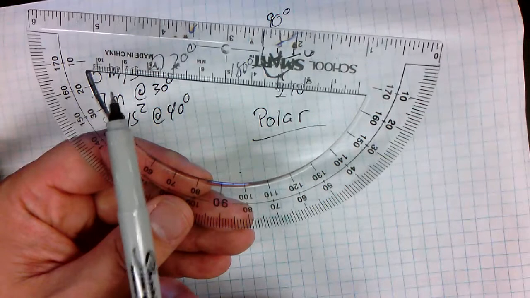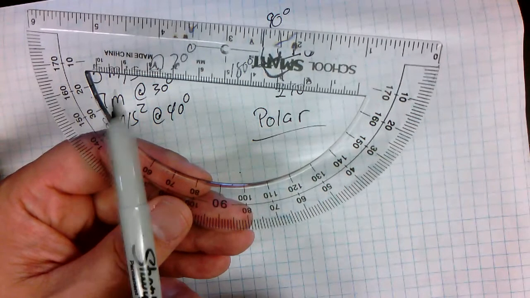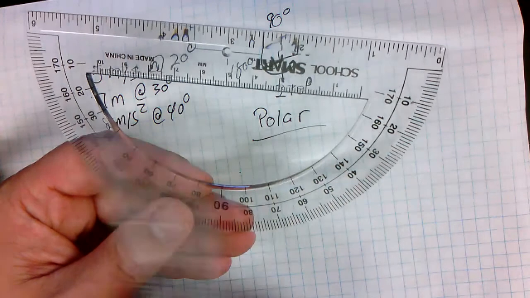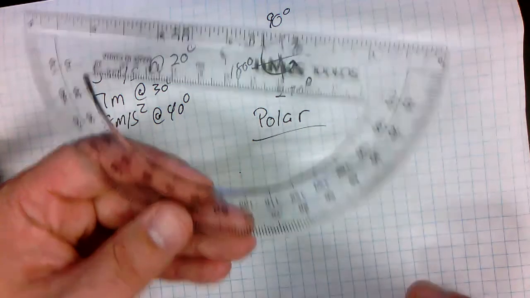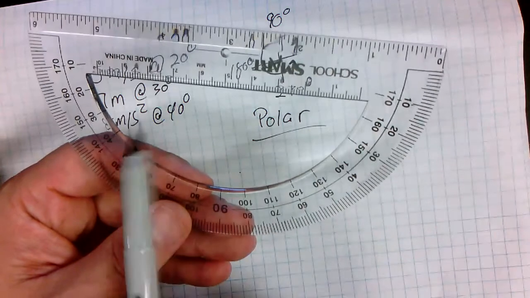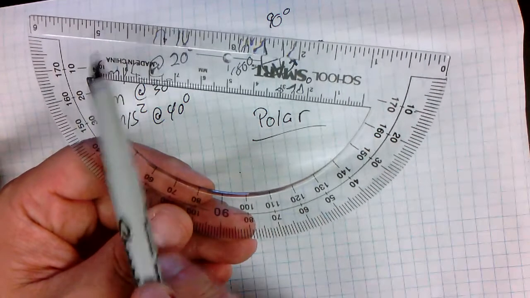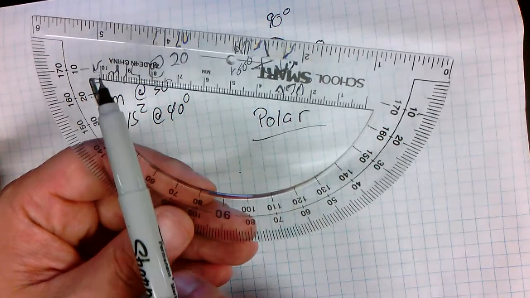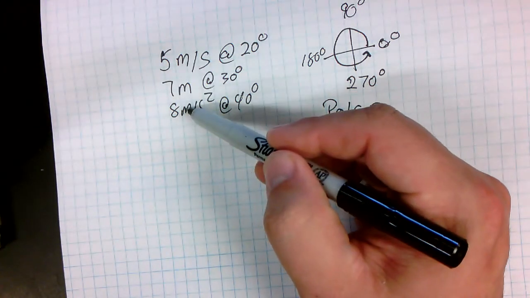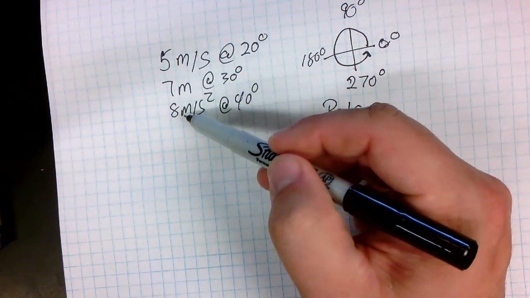If you don't have a protractor with a ruler on it, you're also going to need to get yourself a ruler, something to measure that length. Most protractors come with a ruler built in. We are going to try to scale everything to be within 10 centimeters. So that means if these were all the same units over here, they would be all less than 10 centimeters.